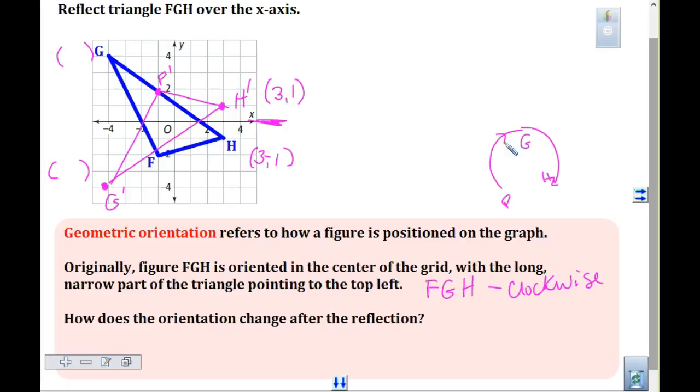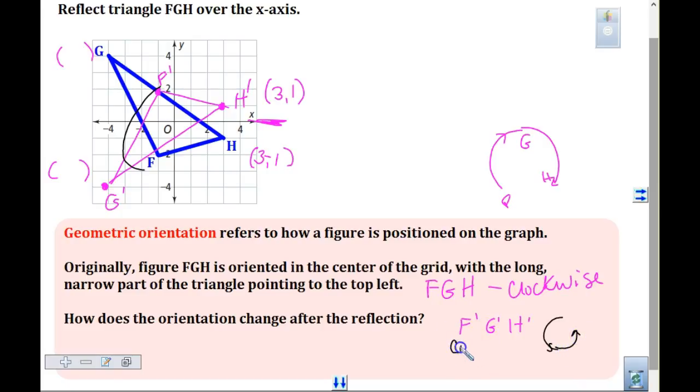Okay. So now I want to go around the new one, which was called F prime, G prime, H prime. So if I'm looking at this one, F prime to G prime to H prime, I'm starting with F prime and going to G prime and then to H prime.